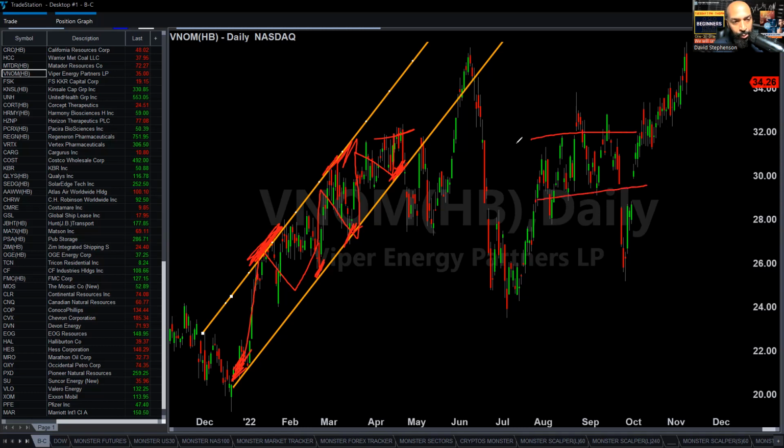We know this is resistance here, this is support here, this is your consolidation, this is your markup phase. So all we're doing here is adding more structure, framing the price.